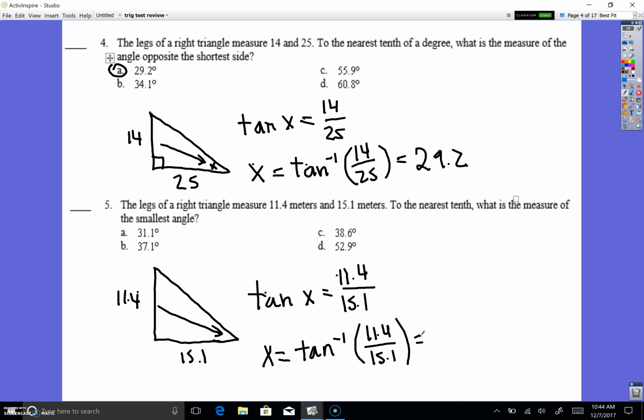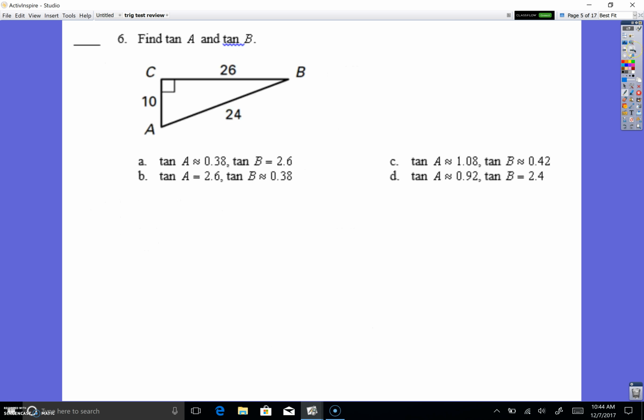You do that in the calculator, you should get 37.1, I think, degrees, which is B. Okay, number 6. Number 6 is a bad drawing, okay? If you look at this, this should be 26. This should be 24. Okay, so we're not gonna do that, okay?